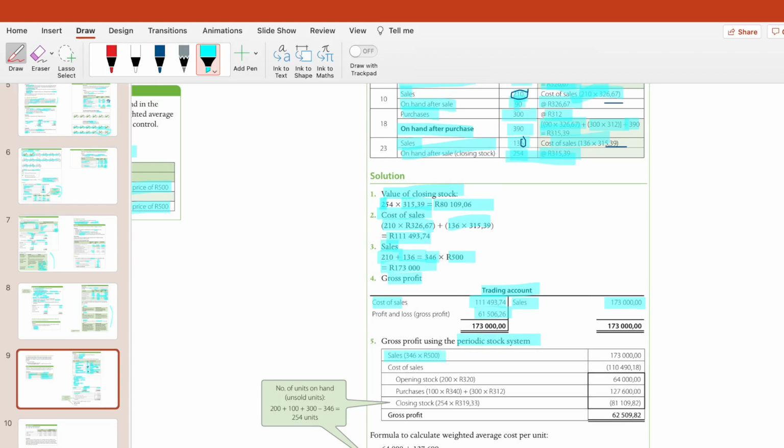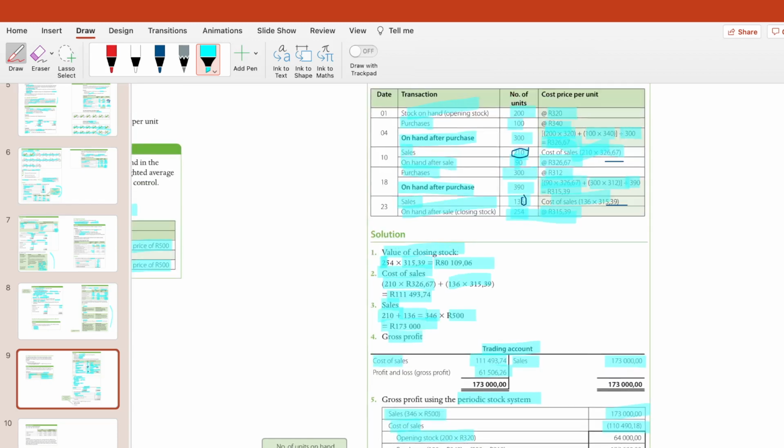Our gross profit using the periodic system is there's our sales, the 346 times 500 is the 173,000 rand. We will subtract our cost of sales, the 110,490. And how did I get to that? I take the opening stock, 200 times 320, that's 64,000.